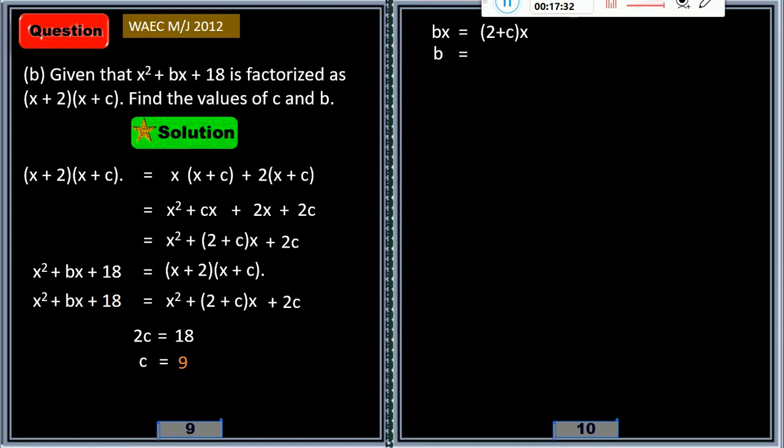So therefore b is equal to 2 plus c. x will cancel x, but c is equal to 9, so we replace c by 9. b is equal to 2 plus 9, giving us finally b is equal to 11. So now we have solved question b. So the answer is c is 9 and b is 11.